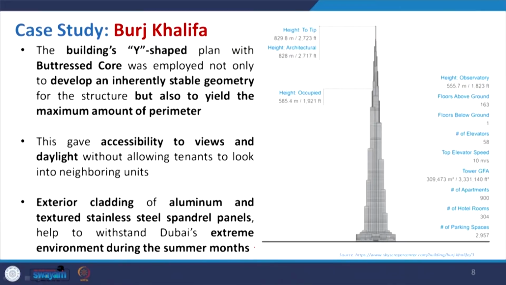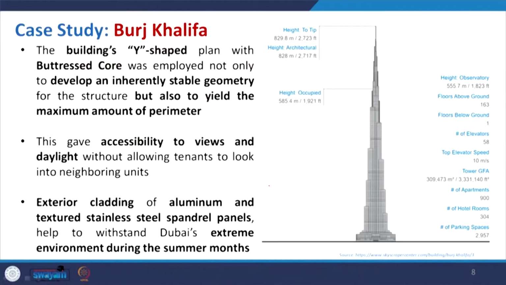Now, in this case, earlier also I have mentioned the concept has been taken a little bit from the bundled tube structure, where we have discussed some other examples where you have multiple tubes bundled together and then you just change the cross section at the top. But it is not exactly the bundled tube.